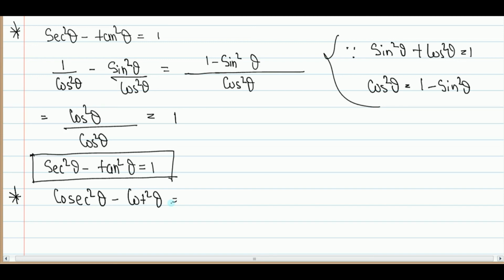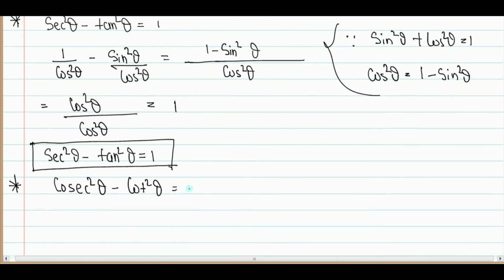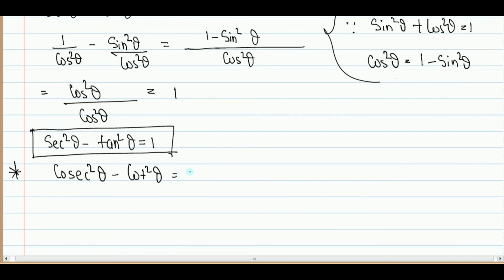Learning the formulas is not going to help. Understanding the concept is going to help. So let's keep this in your mind. Don't memorize, learn the basics and you will reach the other formulas or concepts. So what will be the value of cosec square theta minus cot square theta? That is equal to 1.